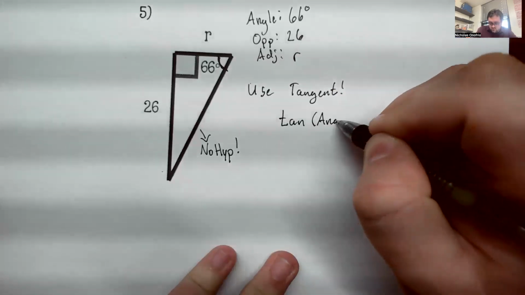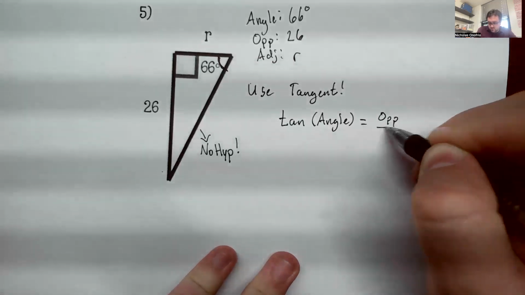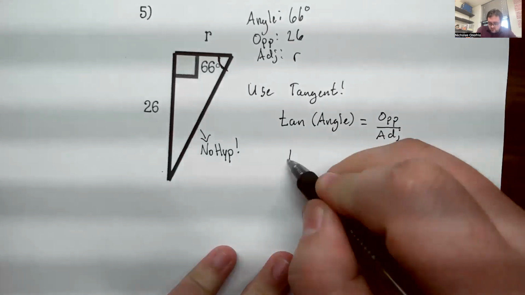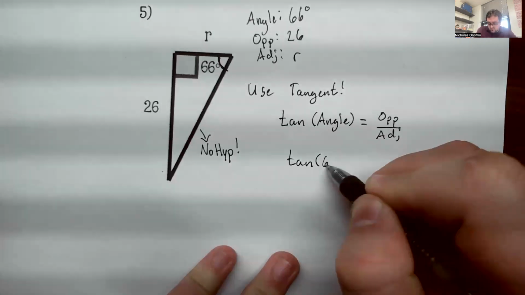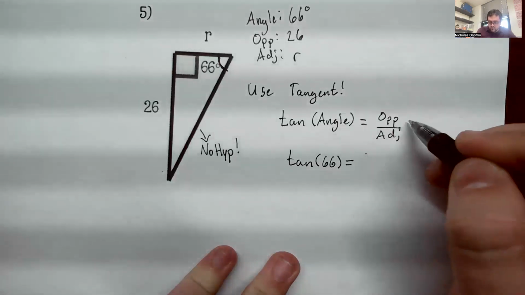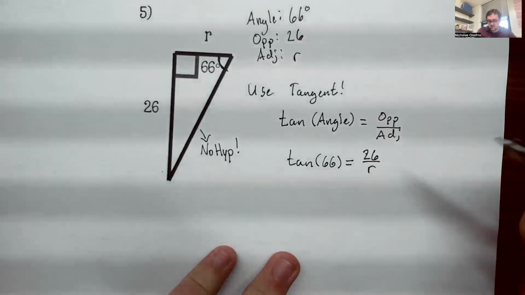Tangent of an angle is equal to opposite over adjacent. Plugging in, we would get tangent of 66 equals, our opposite side is 26, and our adjacent side is R.